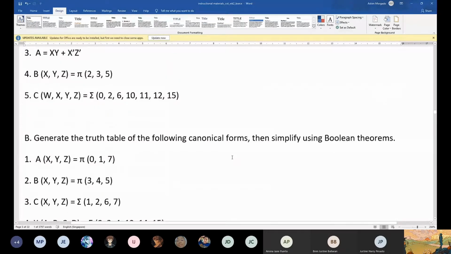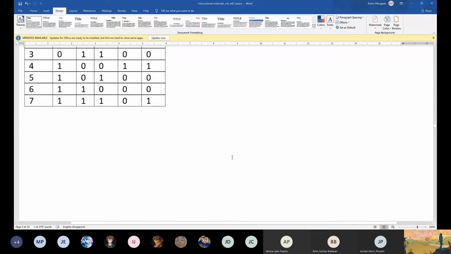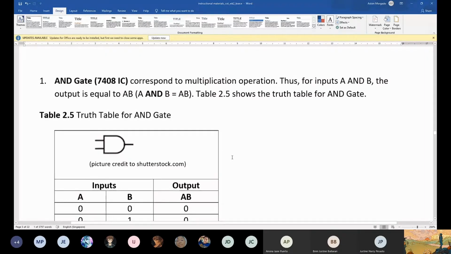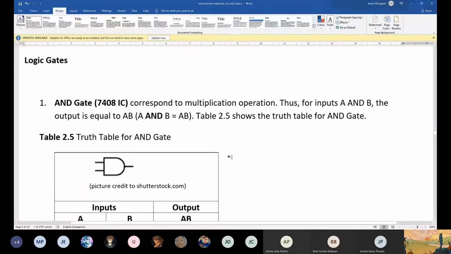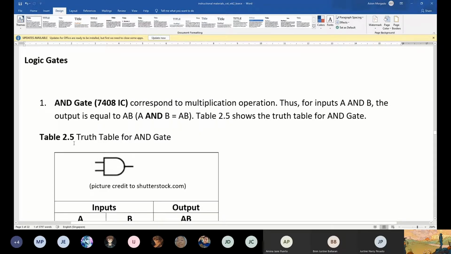But this equation can actually be translated to a circuit. Later on, perhaps tomorrow or next week, we will see that those Boolean equations can be represented by gates.